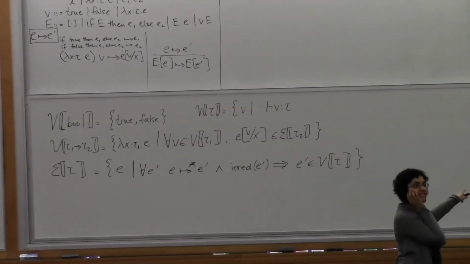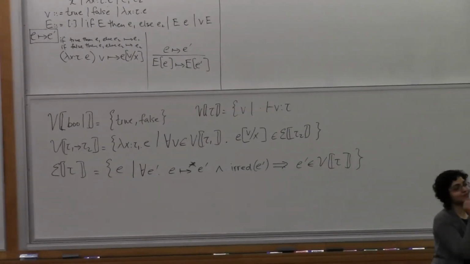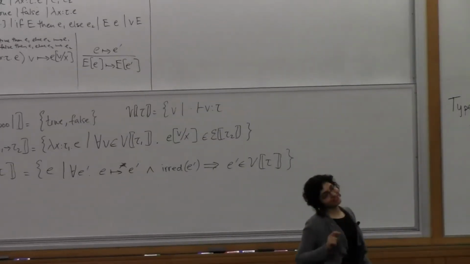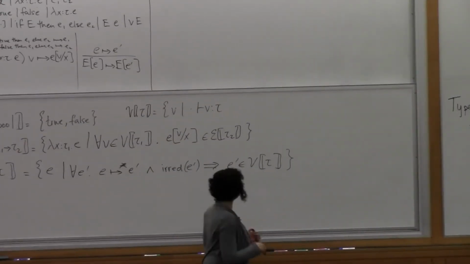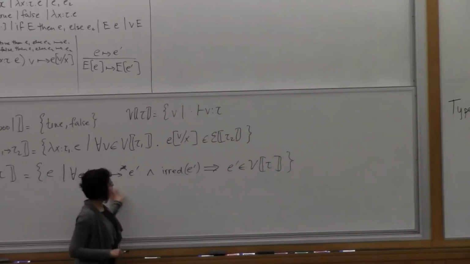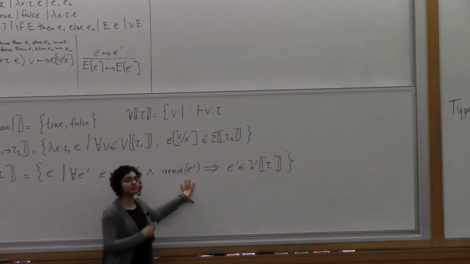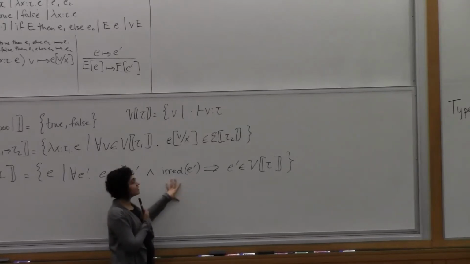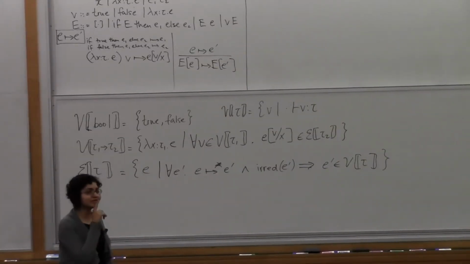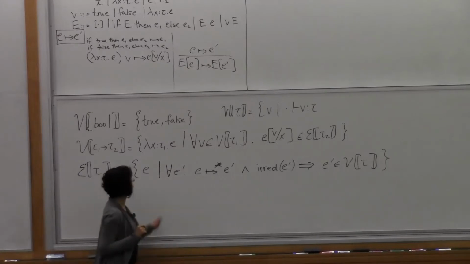You just want type safety. But I'm not sure. Because you see here we go all the way to an irreducible state. We don't even talk about the ones in the middle. So at least with this definition, I don't think so. Or maybe you can. I've never tried it. I would need to stare at it before I say yes or no.